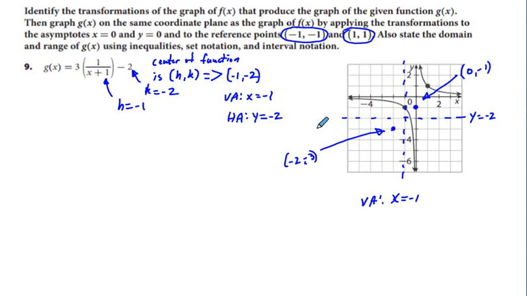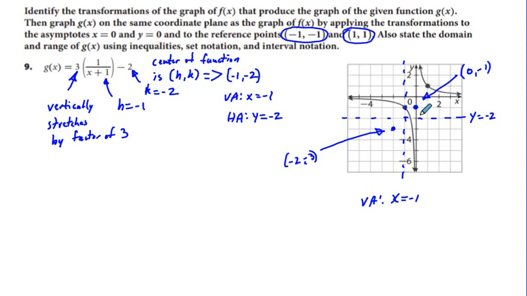Okay, so now we have those located, and now we look at this 3. What does this do? This 3 vertically stretches by a factor of 3. So let's go ahead and see what happens.